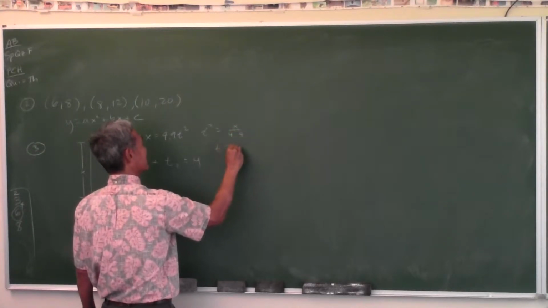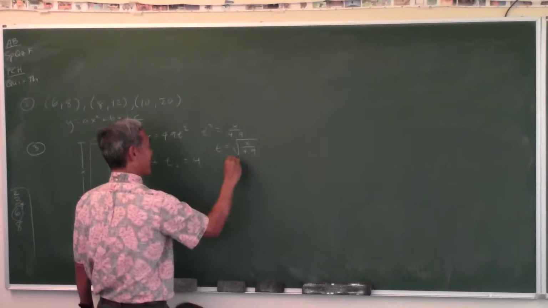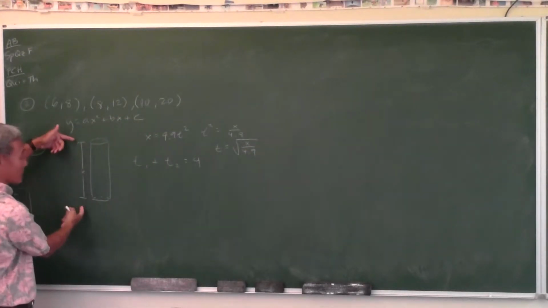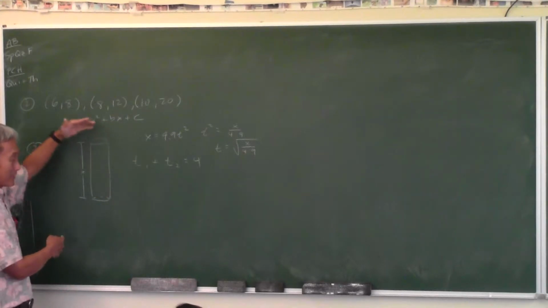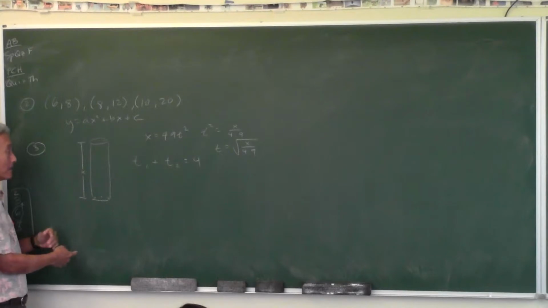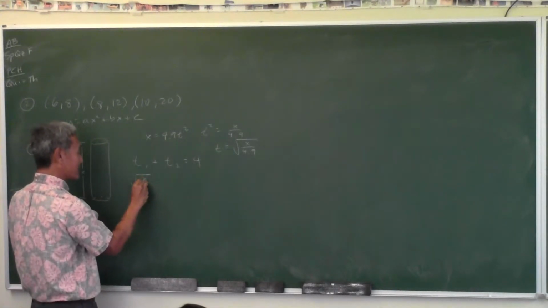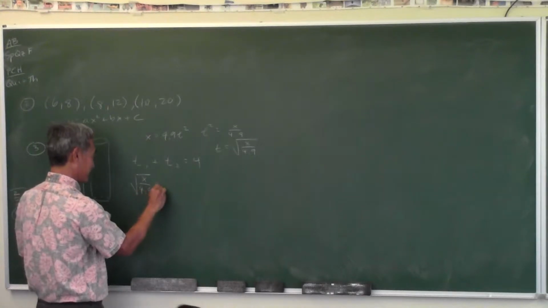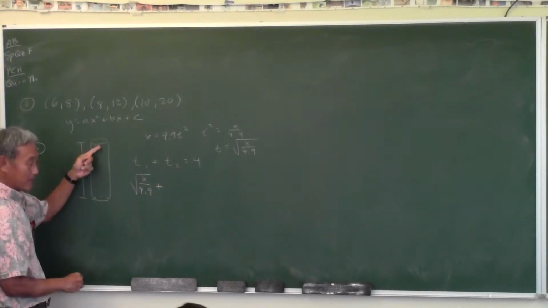So therefore t is equal to the square root of x over 4.9. That's the time it takes. See, we don't know the length of the well. Whatever the length of the well is, if you plug it into there, that tells you the time it takes to fall. Everybody agree? Okay, so the time it takes the rock to drop is the square root of x over 4.9. Now, how do I figure out the time it takes the sound to travel back up?